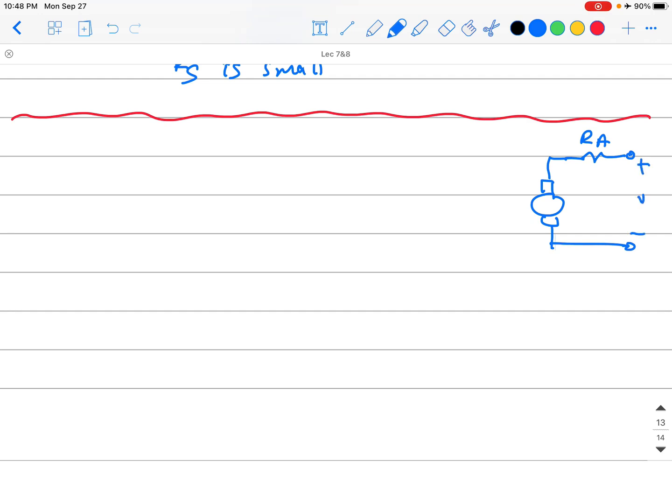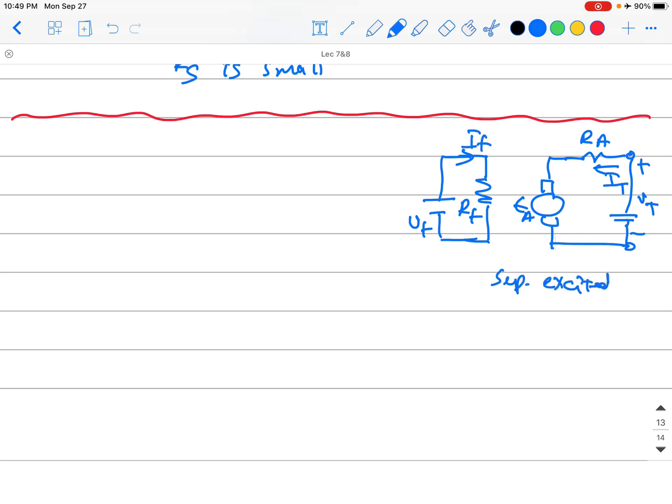That is the V terminal, and that is the I terminal, and that is IA. This I terminal will also be I armature by definition, and that is RF, and that is VF. Okay, that is another one, and that is IF, and that is separately excited.